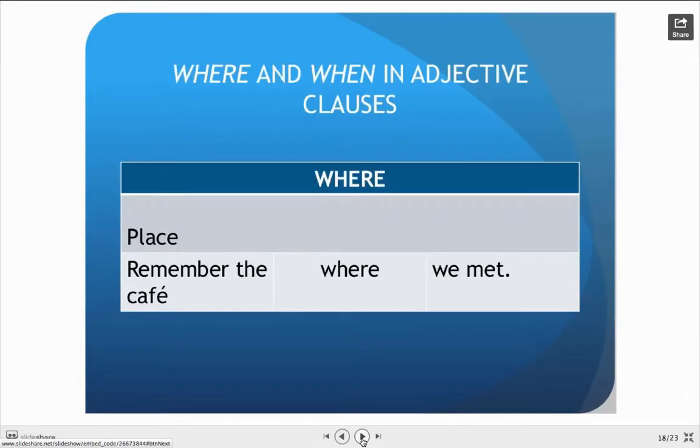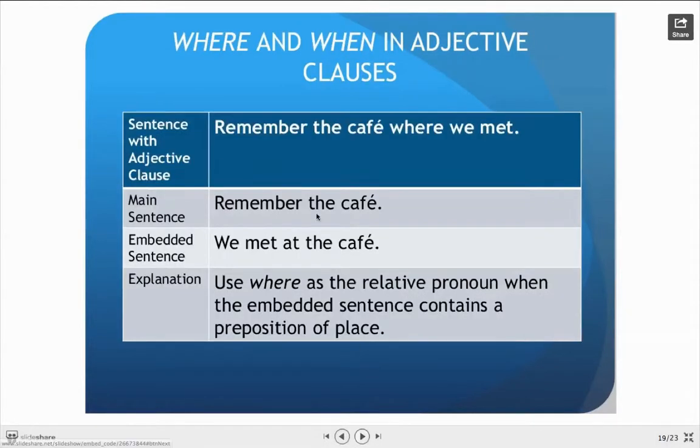Okay, where and when, using these as adjective clauses, also has to do with the embedded sentence. So if I say, remember the cafe where we met? Okay, here's the main sentence, and here's the embedded sentence. Okay, and here's a preposition. Okay, and here's your rule.